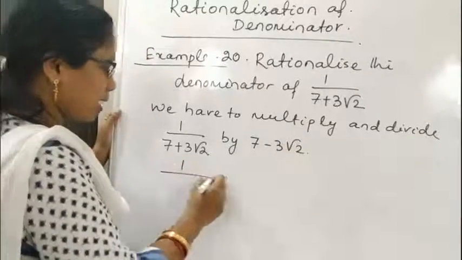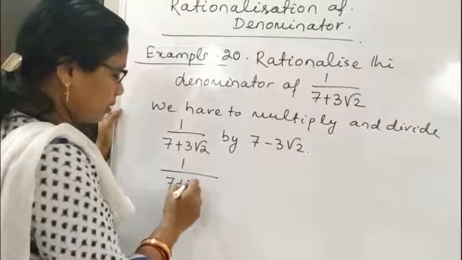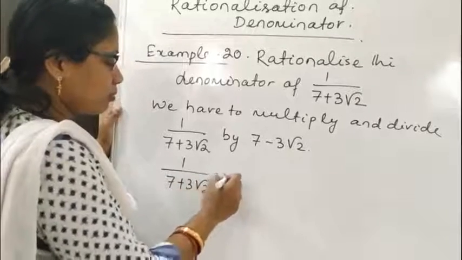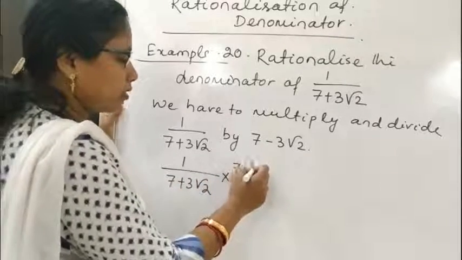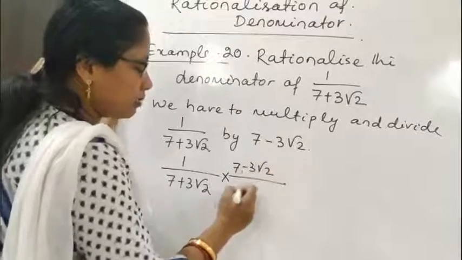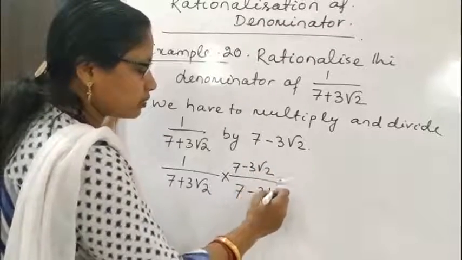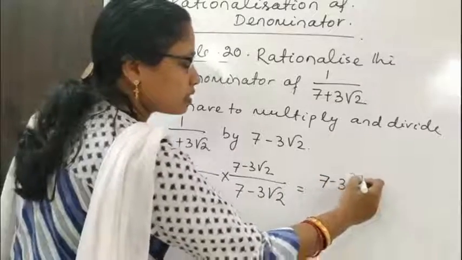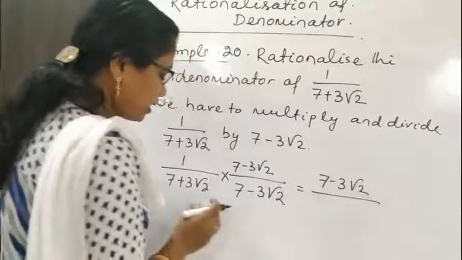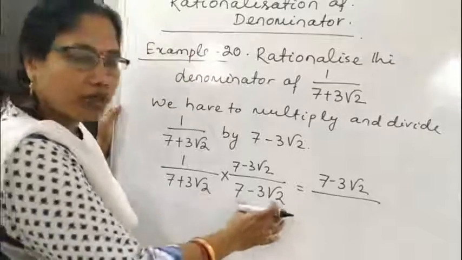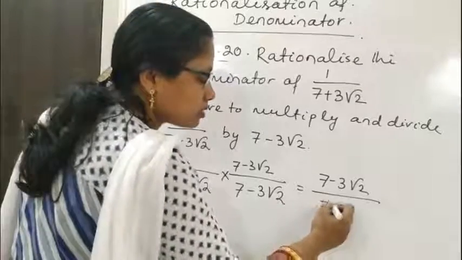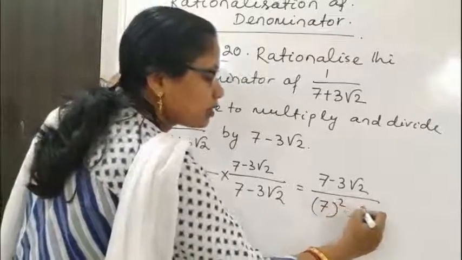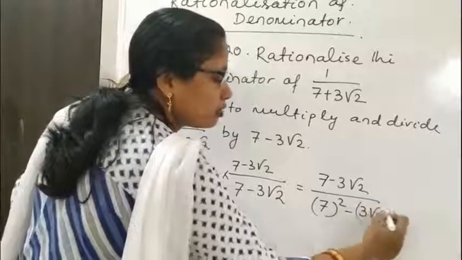So 1 by 7 plus 3 root 2 multiplied with 7 minus 3 root 2 and divided by 7 minus 3 root 2. So this becomes 7 minus 3 root 2 divided by a plus b whole into a minus b, which is equal to 7 square minus 3 root 2 square.